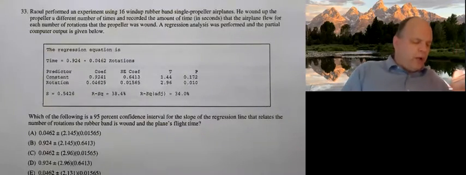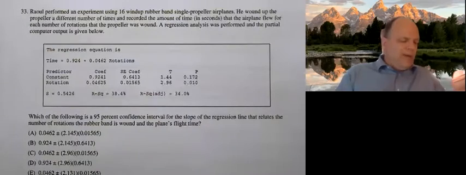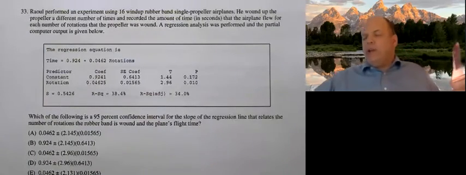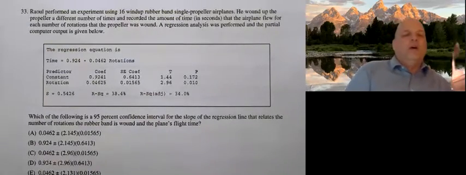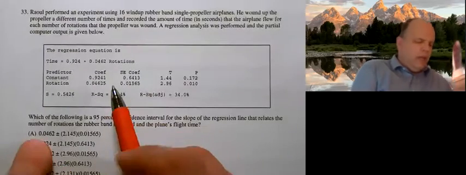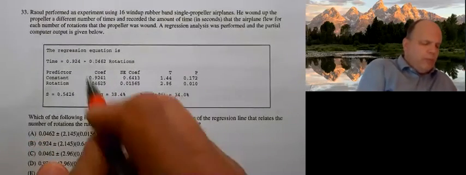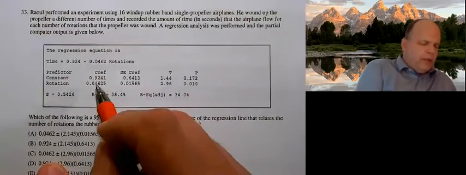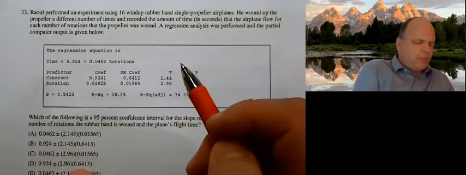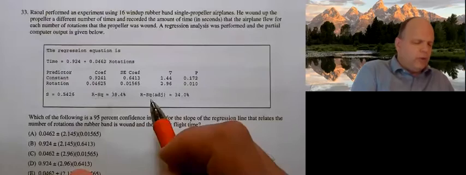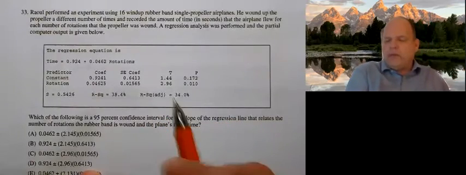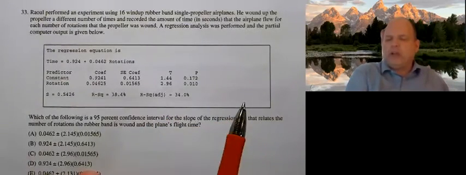So whenever we're working with regression, we need to make sure we identify all the parts. When we're looking at the actual slope, basically we're going to need our coefficient. We're going to need our confidence level, and we're going to also need the standard error.